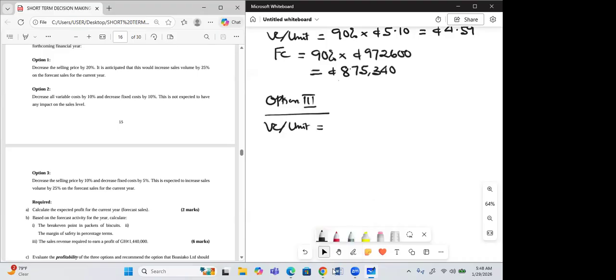So the selling price, we are decreasing it by what? 10%. So 90% of 7.5 is 6.75.